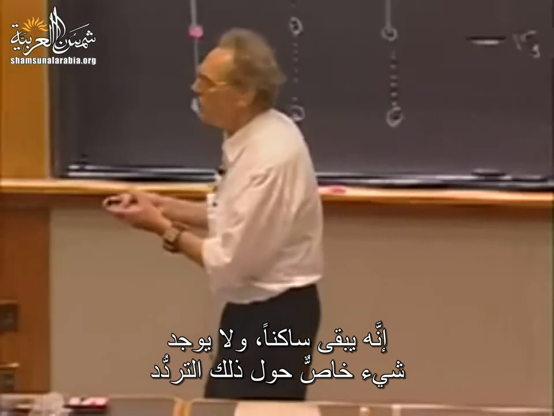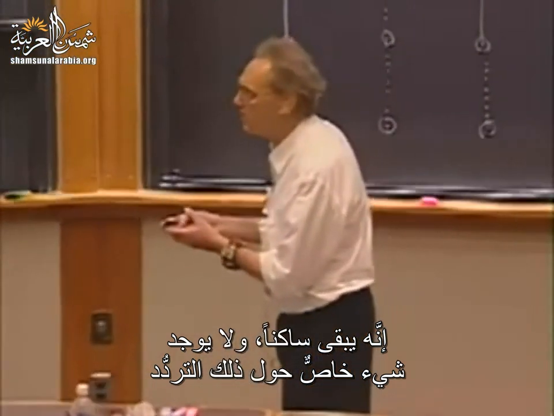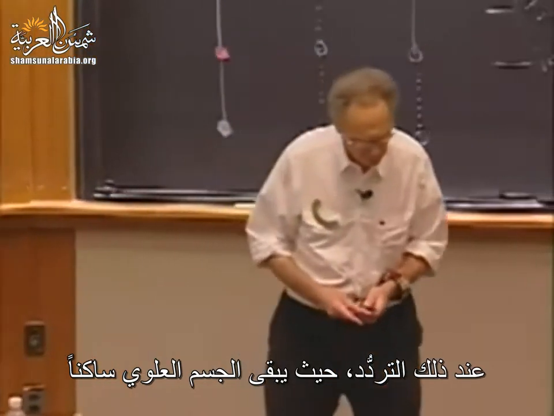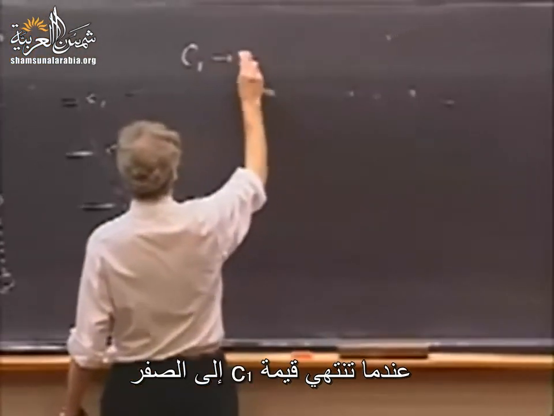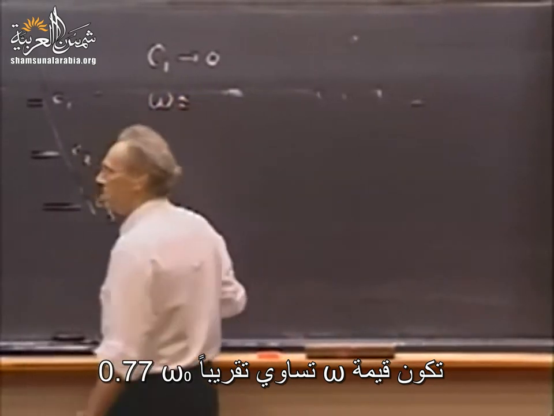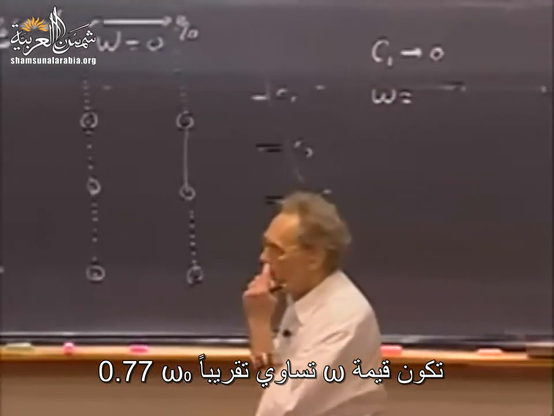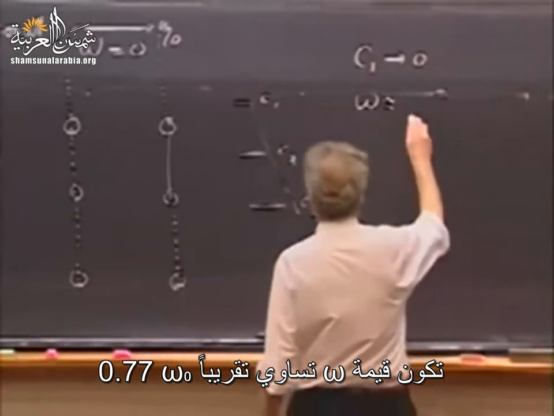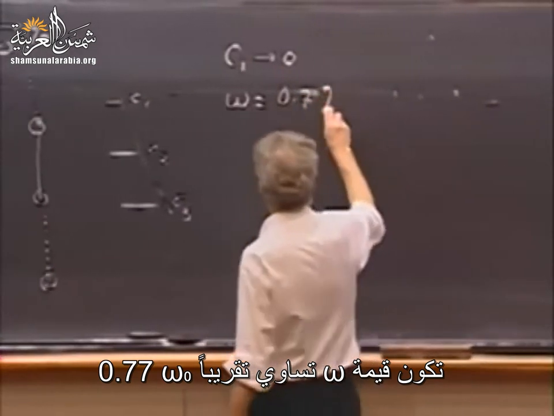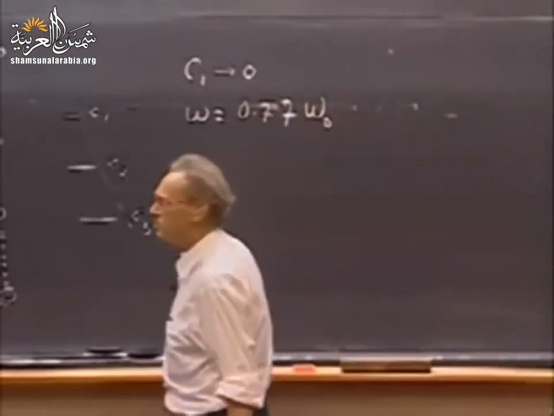And now there comes a point which boggles the mind, right here. The top one is not moving, it stands still. And there is nothing really so special about that frequency. That frequency for which the top one stands still, so C1 goes to 0, that omega, if I try to eyeball it, I would say it's about 0.77 times omega 0.